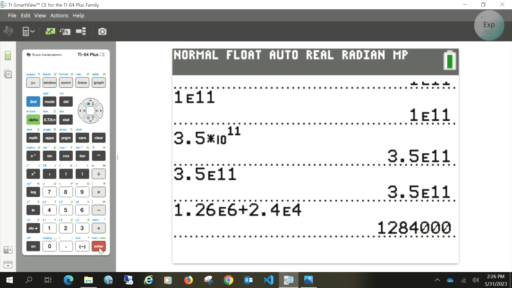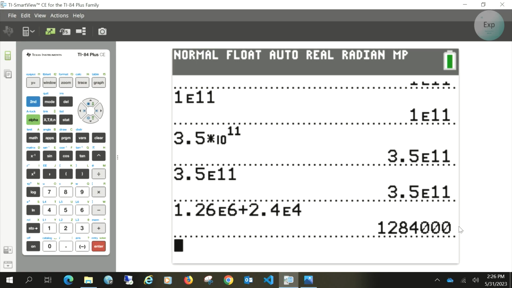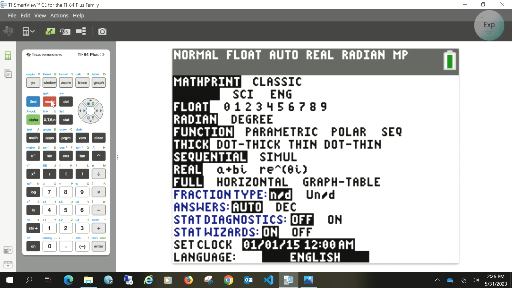Scientific notation always requires the decimal point to be placed right here, after the ones digit but before the tenths digit here. If I have a decimal point here, I would have 1.2 times 10 to the something power for my scientific notation. An easy way to convert this to scientific notation is to go to mode, and you notice that I'm currently in normal mode.